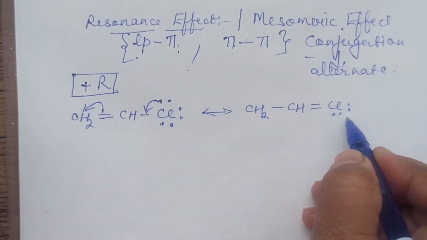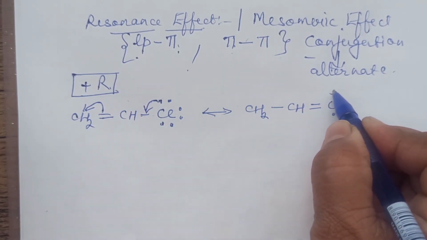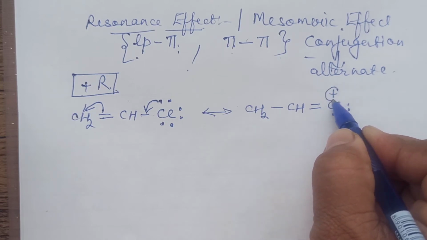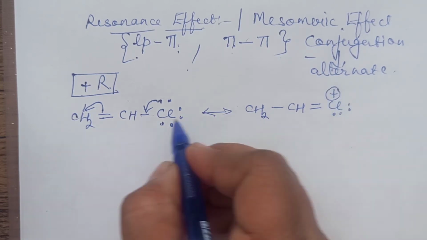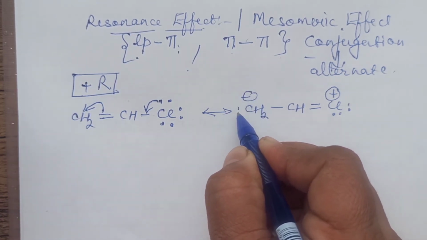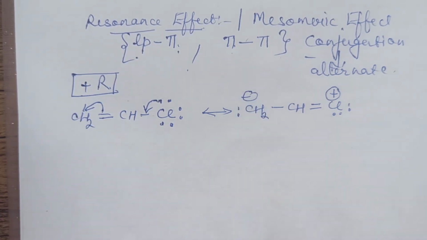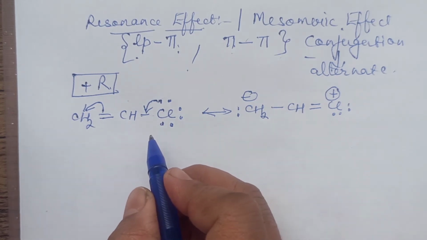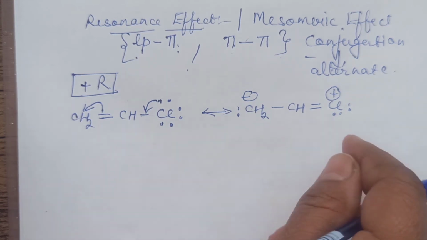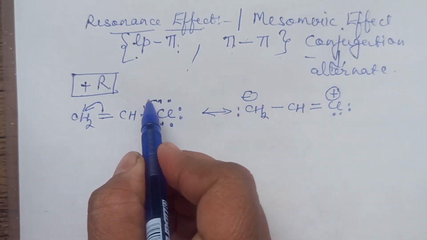So only two pairs are left, because this chlorine has lost electrons. So there will be a positive charge here. The pair has gone here, so this will develop a negative charge, plus one lone pair extra will be shown on this particular carbon atom.